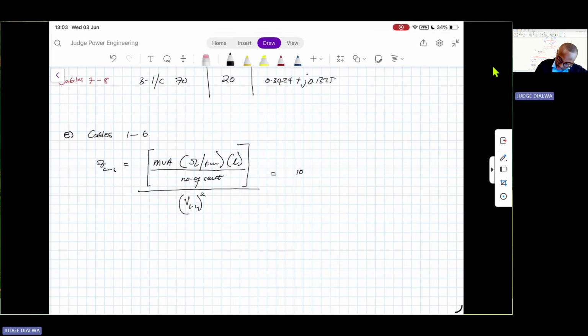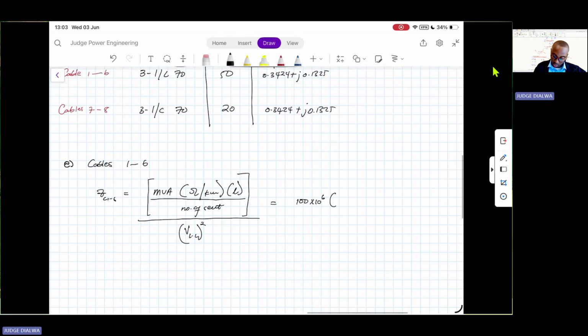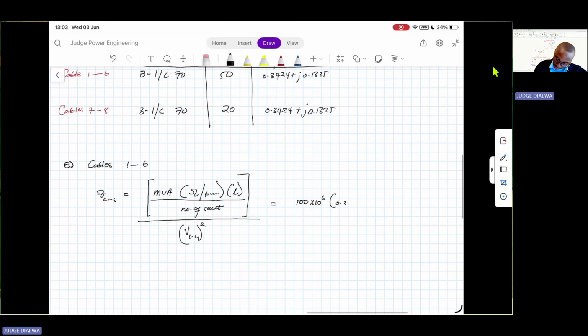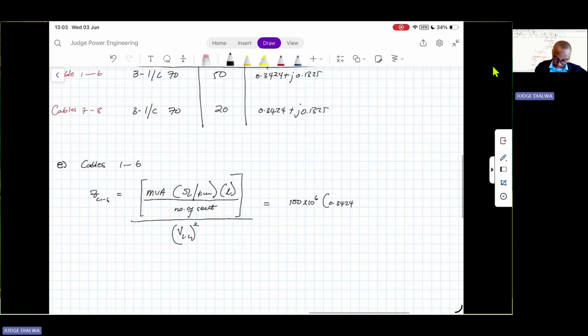We have 100 MVA. We multiply that with 0.3424 plus j0.1325. Multiply that by the length. We want it in kilometers.